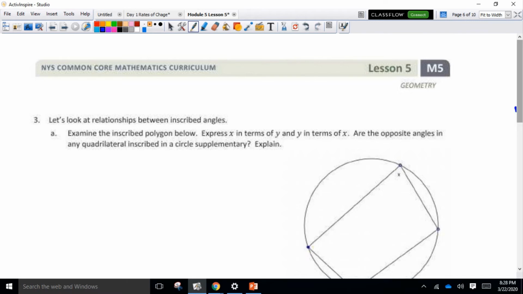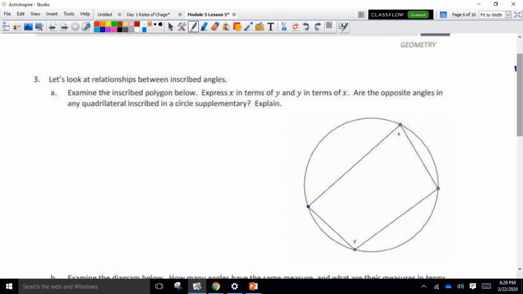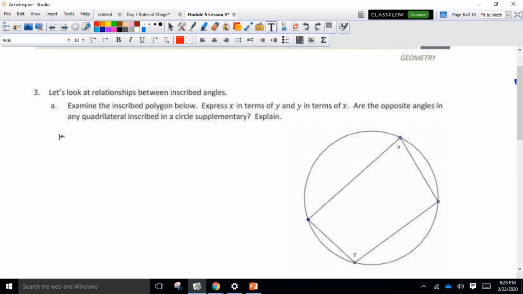Okay. This one. There's another rule here that we're going to write down. We probably talked about it on Friday. Opposite angles of an inscribed quadrilateral add to 180. Inscribed means all of the angles are on the circle.